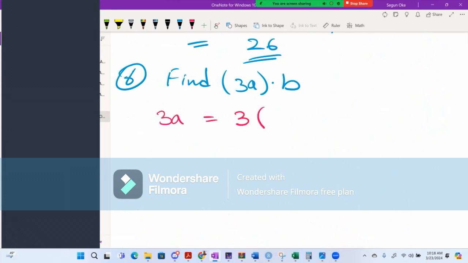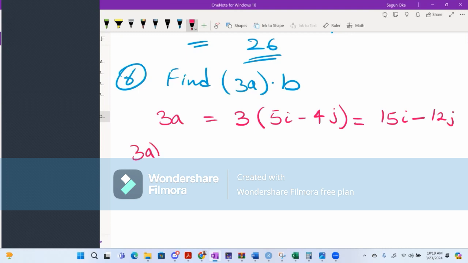That is 3 multiplied by A straight away. 3 multiplied by 5i is 15i. 3 multiplied by -4j is -12j. So we have 3A dot B will now be 15i minus 12j dot, what is your B?